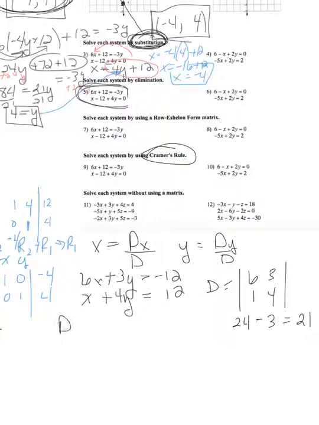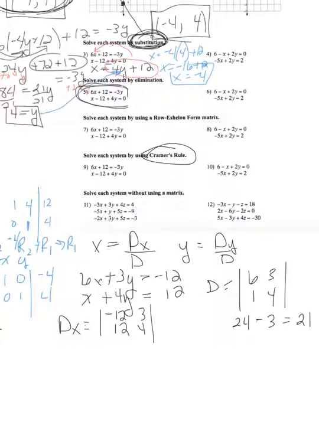Okay, Dx. Now we just take the answer column and put it into the x column instead. So instead of 6, 1, it's going to be negative 12, 12. And then the other one is the same.